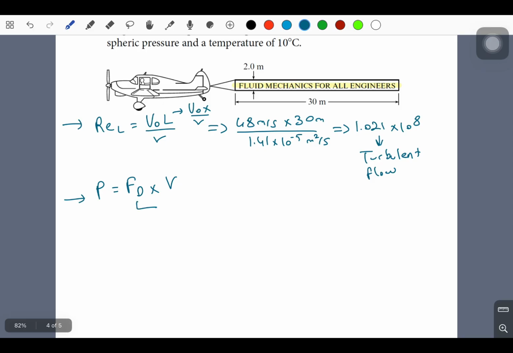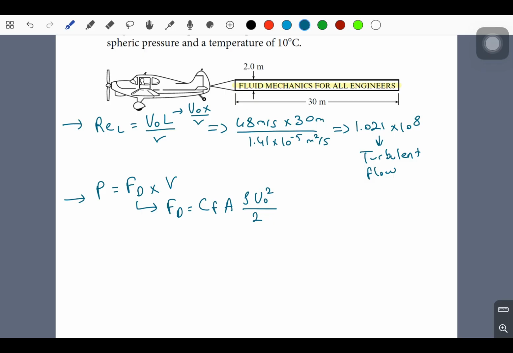And for the drag force, we are going to use another equation, which comes from the drag coefficient, area, density, square of given velocity divided by 2.